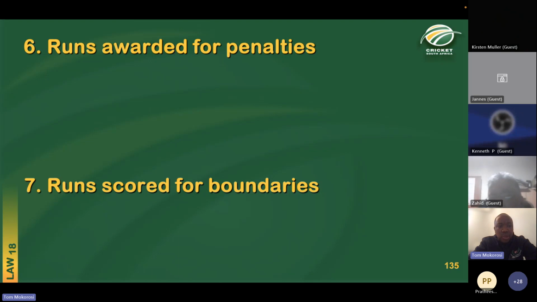And we normally witness deliberate short runs when a batter that is on form and has skills to win the game is trying to get back on strike like Pollard was doing there, and is most likely batting with a lesser batter, number 9, 10, or 11.